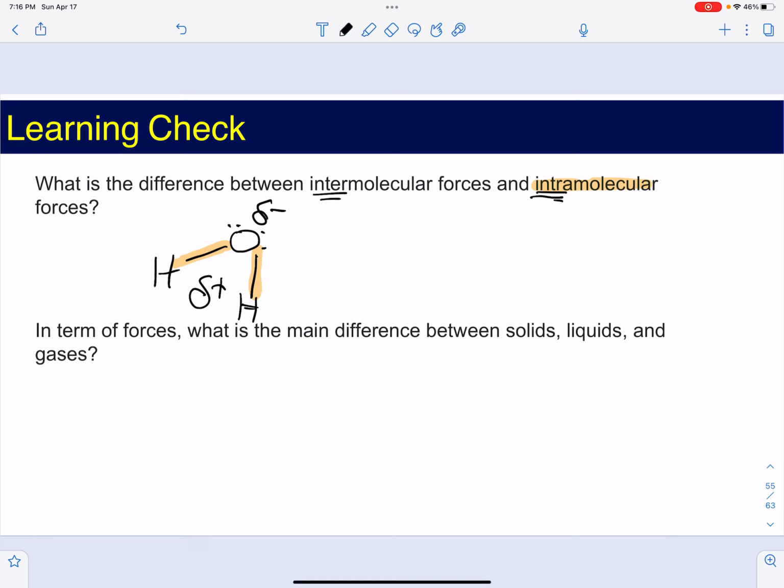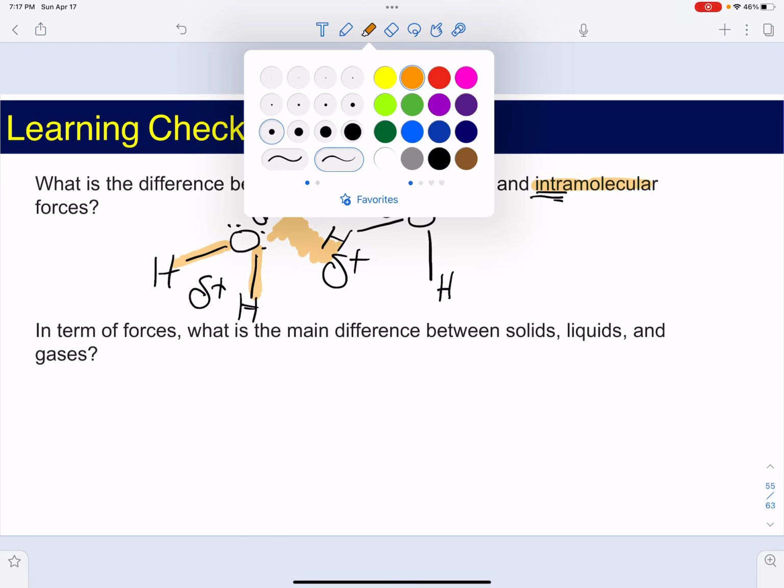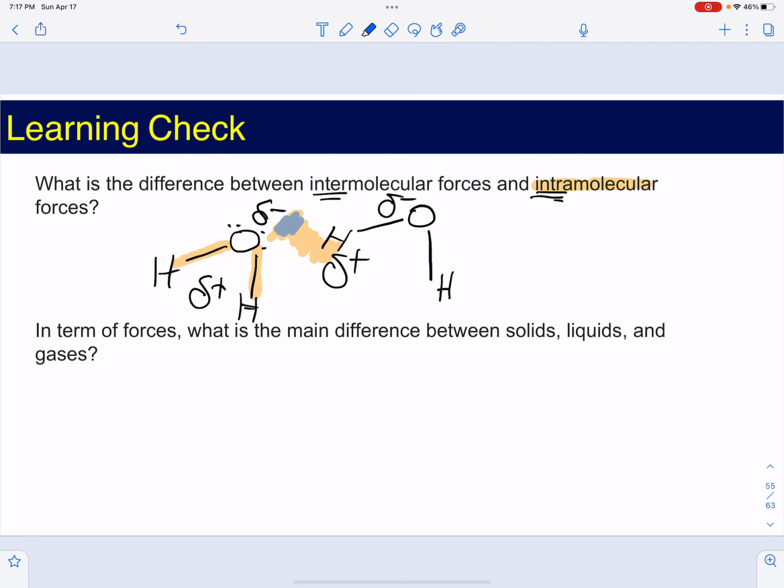However, if there is more than one molecule present, like there always is, the interaction between the partially negative and the partially positive, that's what we call an intermolecular force.